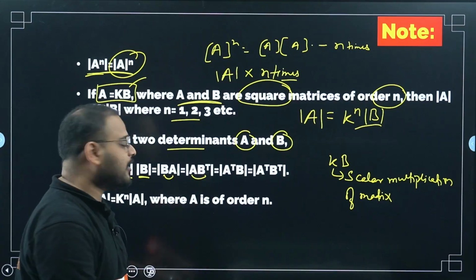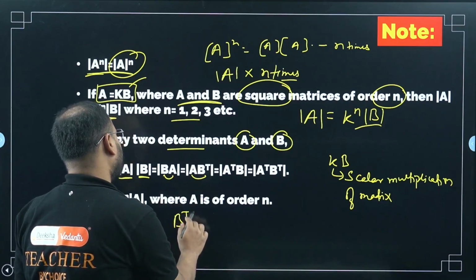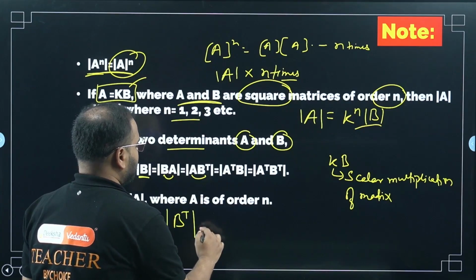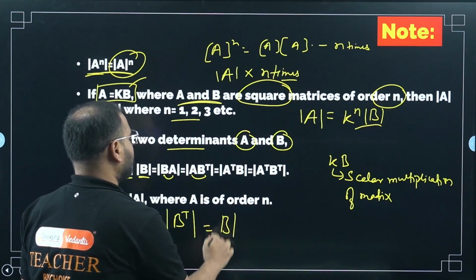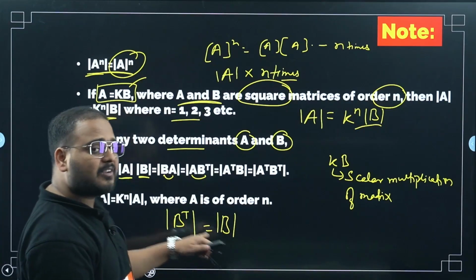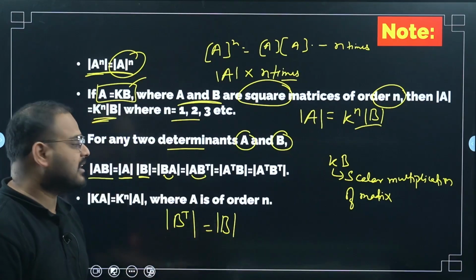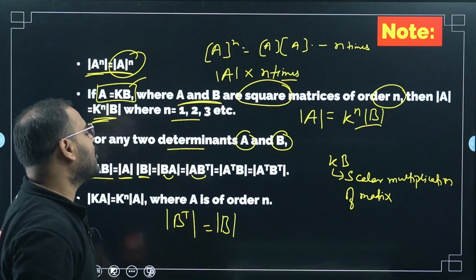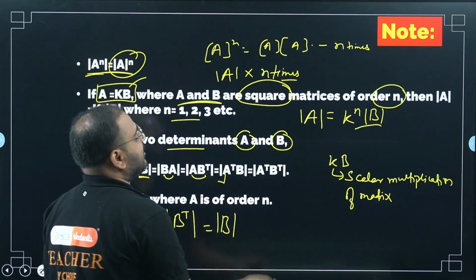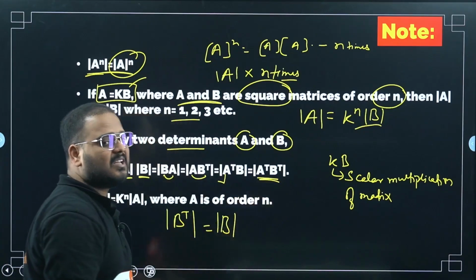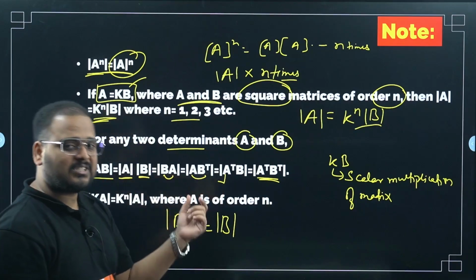Because determinant of B transpose or determinant of just B is always the same. So whether you find the transpose and then the determinant, or simply take the matrix and find the determinant, the answer is the same. That's why you can take B transpose, or A transpose, or A transpose and B transpose here.